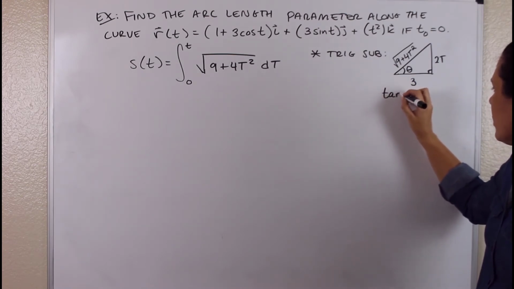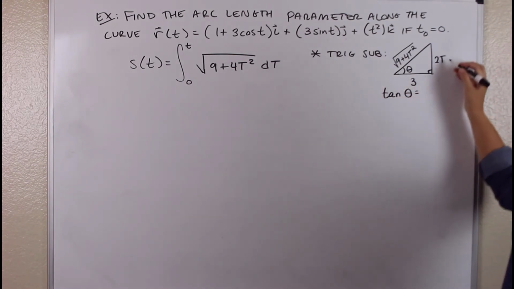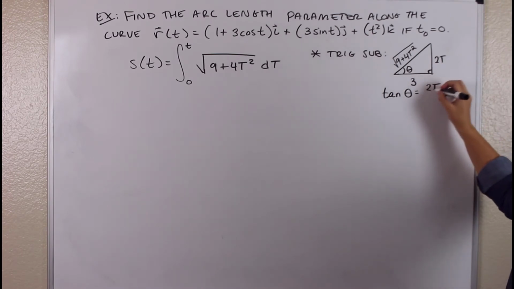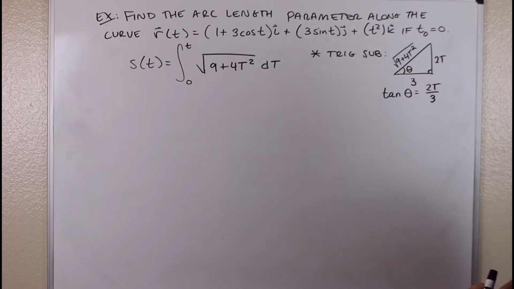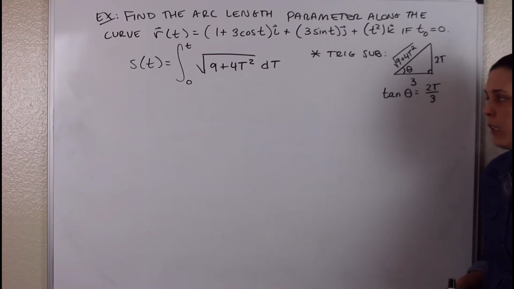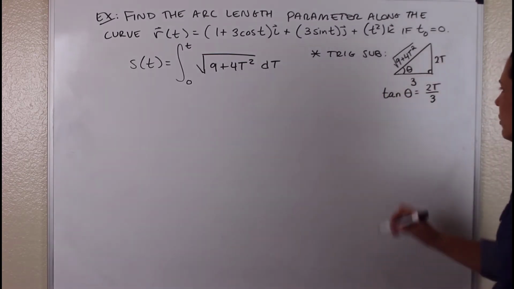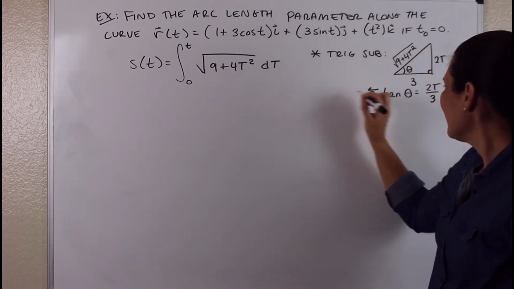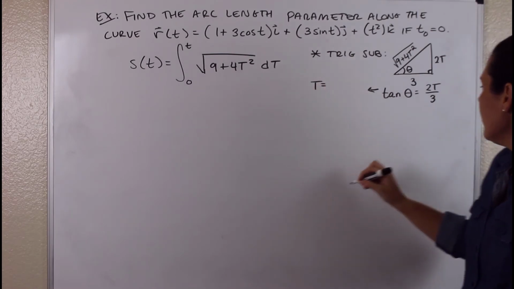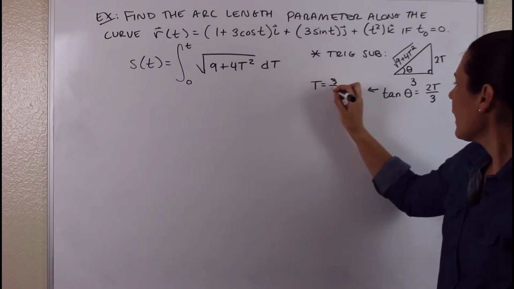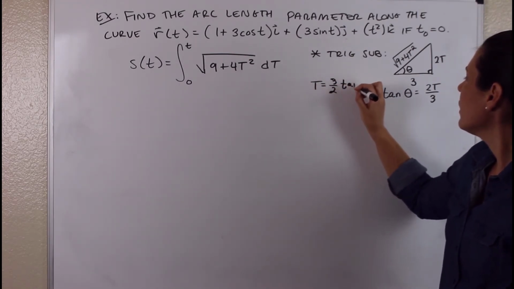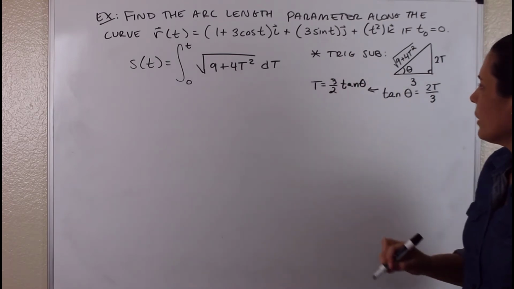So tangent of theta is opposite side over adjacent side, so 2t over 3. But I need to plug in for t, so if I solve this for capital T, that's just going to be 3/2 tangent theta. That's what I'm going to plug in.